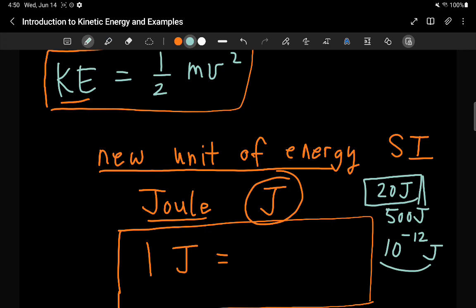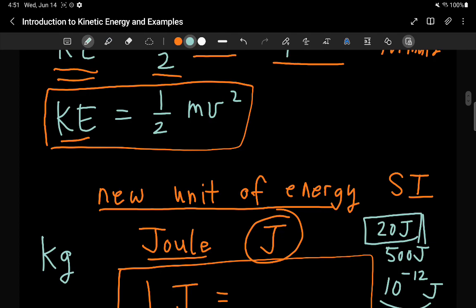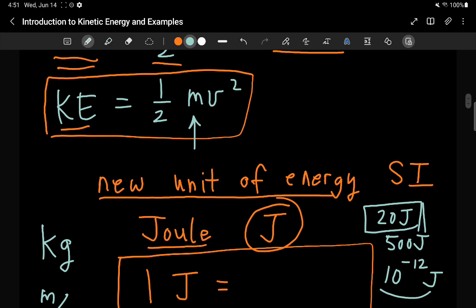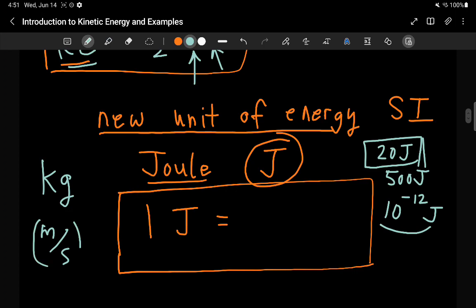Okay, but this unit, the joule, has a very particular relationship to kilograms, which is mass, and meters per second, which is what's in the velocity. But the velocity in the kinetic energy formula is squared, so that means these units are going to get squared.